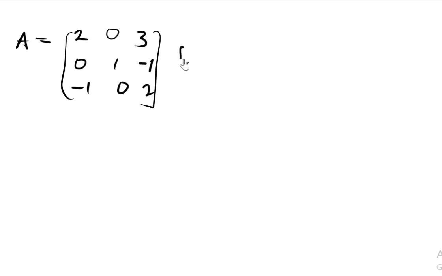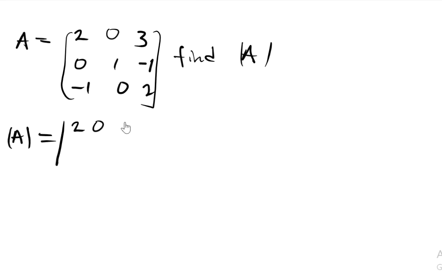Consider this question. If A is equal to the matrix 2, 0, 3, 0, 1, minus 1, minus 1, 0, and 2, and we are asked to find the determinant of A. Remember the trick we performed?